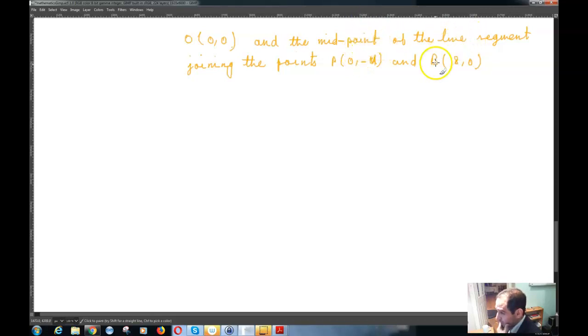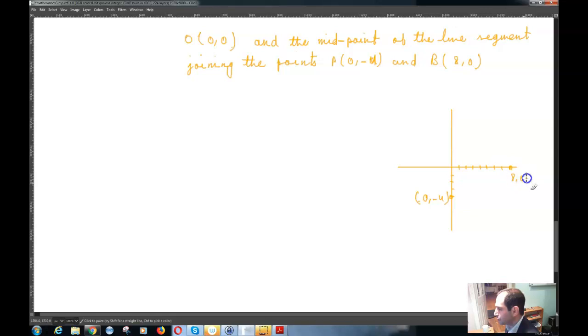The midpoint of this line segment, we need to calculate the midpoint of these 2 points. You have (0, negative 4) over here, and (8, 0) is 1, 2, 3, 4, 5, 6, 7, 8.